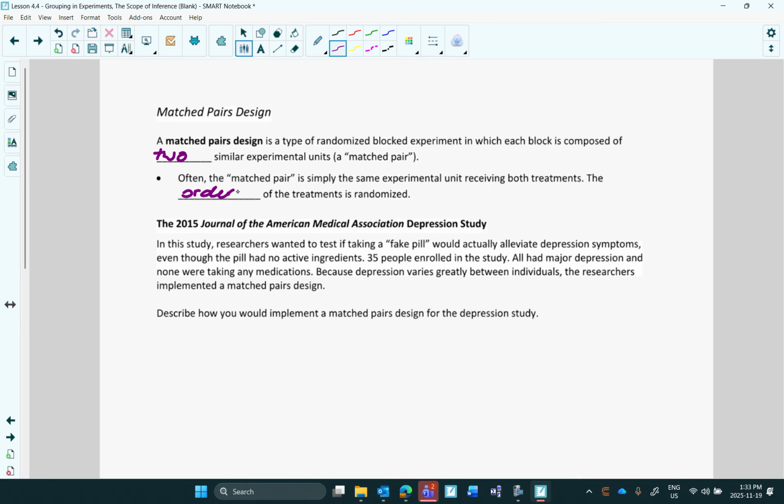So let's say I wanted to test whether music improves results in AP statistics. What I do is I say, okay, I'm going to randomly assign 7 of you to do this AP worksheet, this assignment, while listening to music. And the others, you're not going to listen to music.